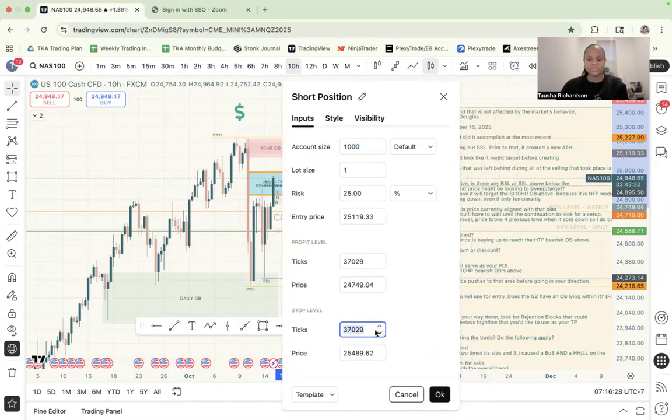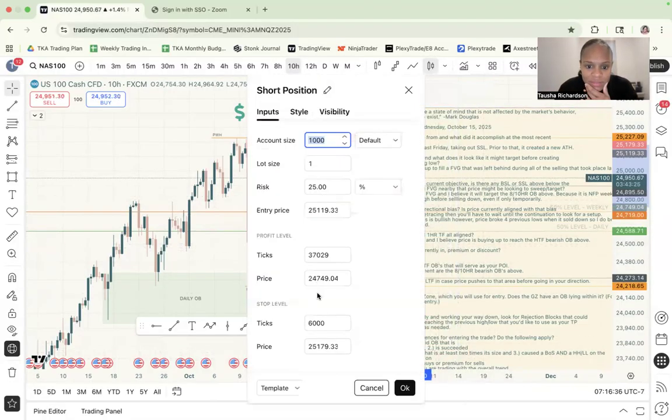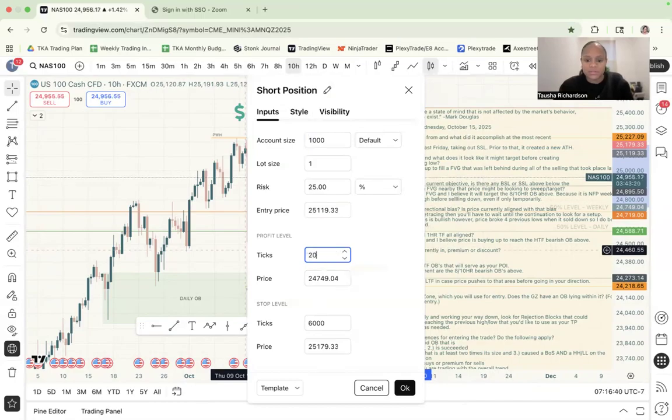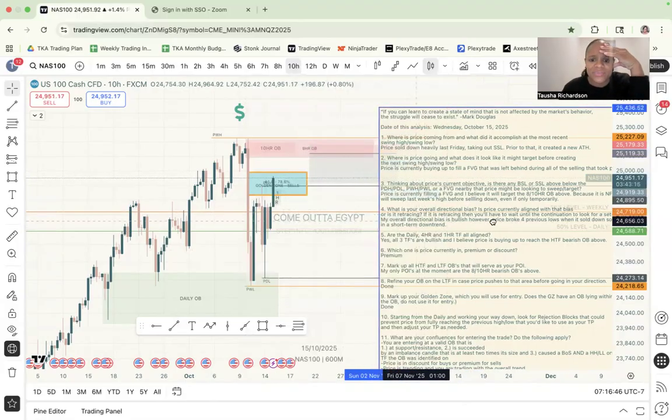Stop loss, let's do 60 pips. And then my take profit, let's see what 200 looks like on the chart. See if it makes sense. Oh yes, very conservative.